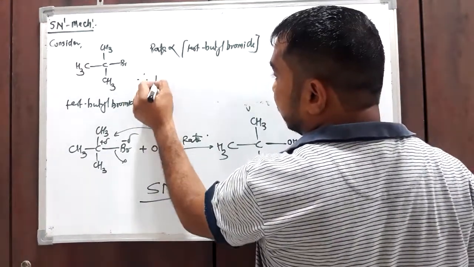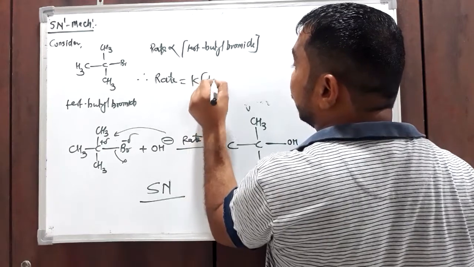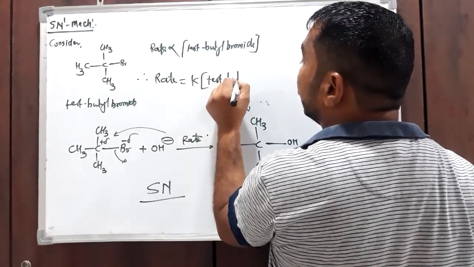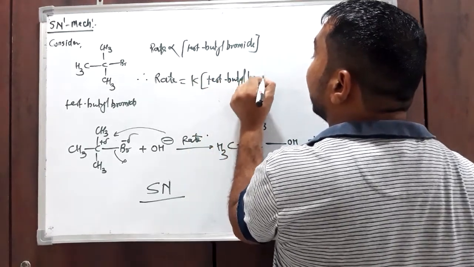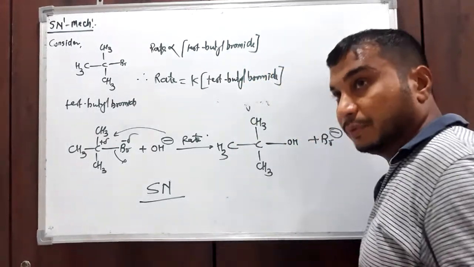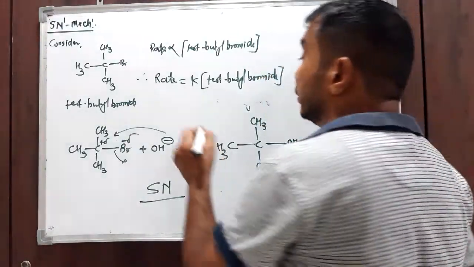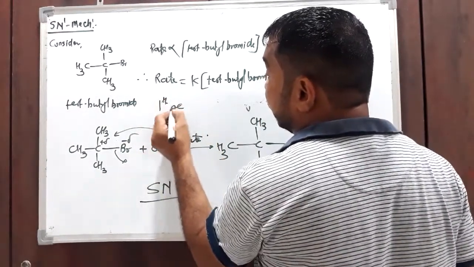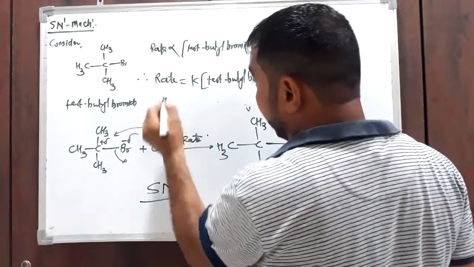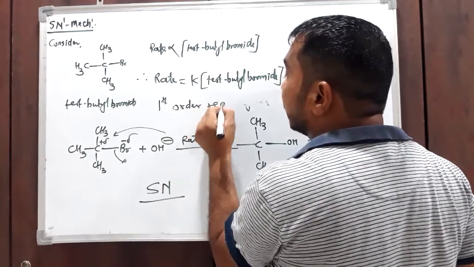So rate is equal to K into the concentration of tertiary butyl bromide, and it is independent of the concentration of the incoming nucleophile, OH minus ion or KOH. So this is a first order reaction. The order of the reaction is 1, therefore it is called a first order reaction.